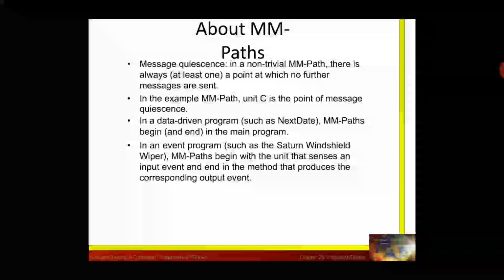Data-driven means something like a C program, which of course starts from the main program. Event-driven is like the windshield wiper, where some event activity occurs. In this case, the point where you sense the input, if you give input to your program, is considered the starting point. When you get the output, that is considered the endpoint.